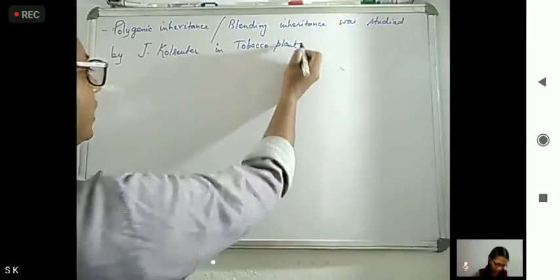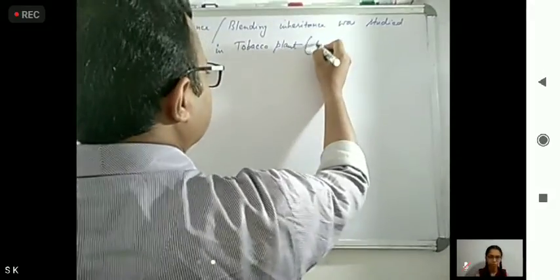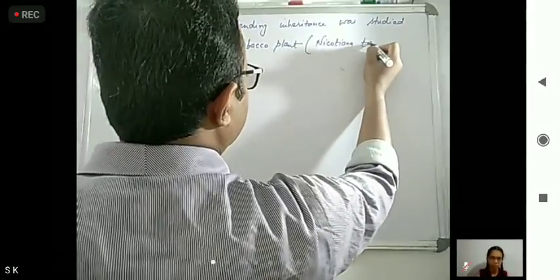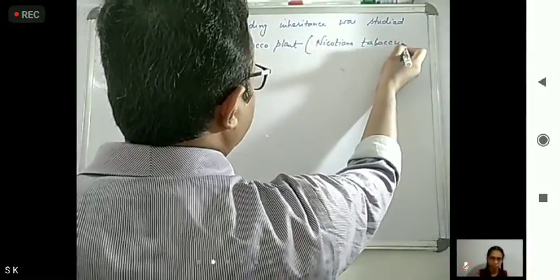What is the botanical name of tobacco? That is Nicotiana tabacum.